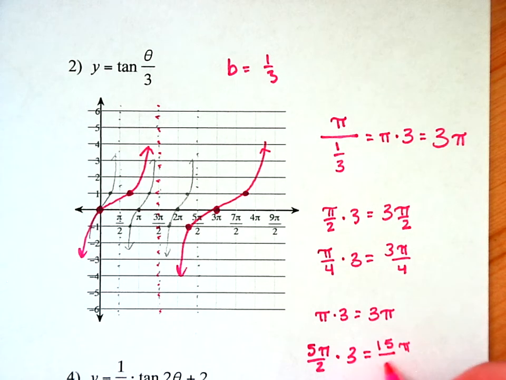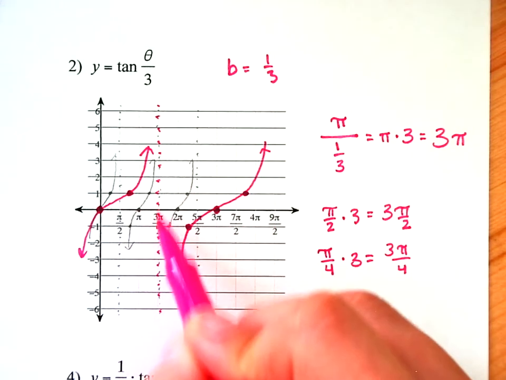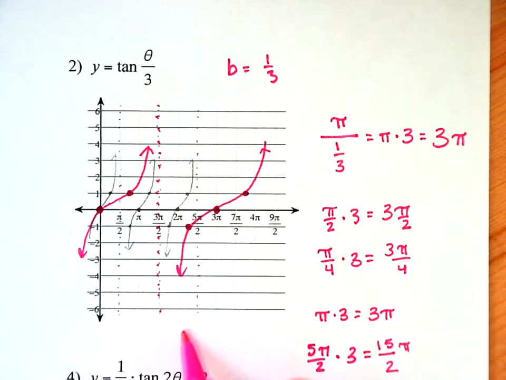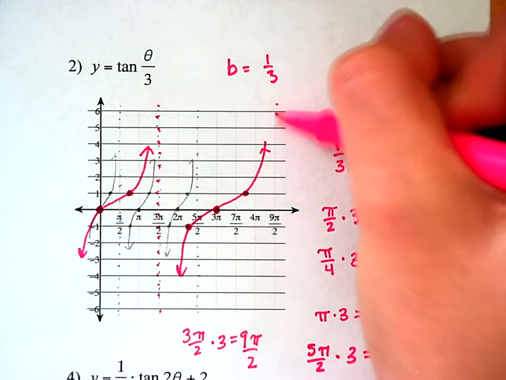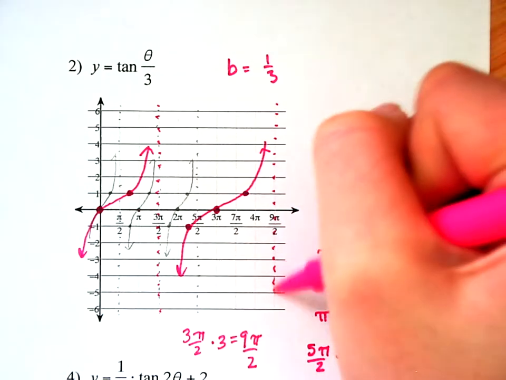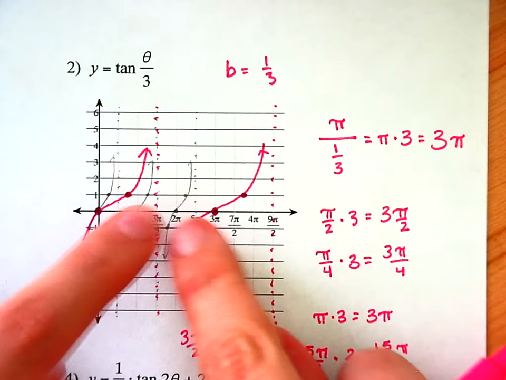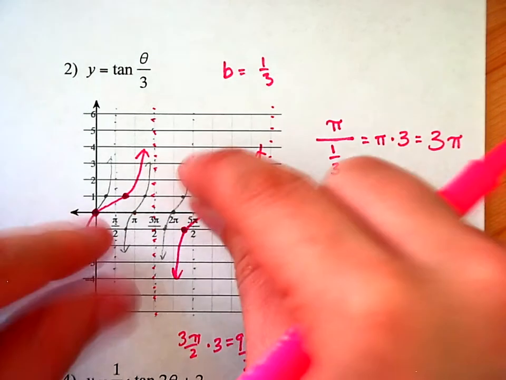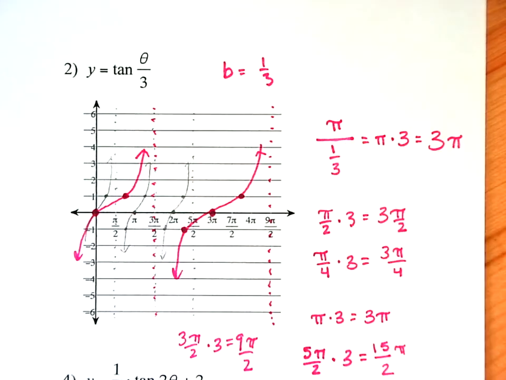Now that one's off the graph. We can also do it with 3 pi over 2, which used to be our asymptote right here. And if I multiply that by 3, that's 9 pi over 2. That one's on the graph right here. So this graph has been stretched horizontally. We've taken these and stretched in this direction.